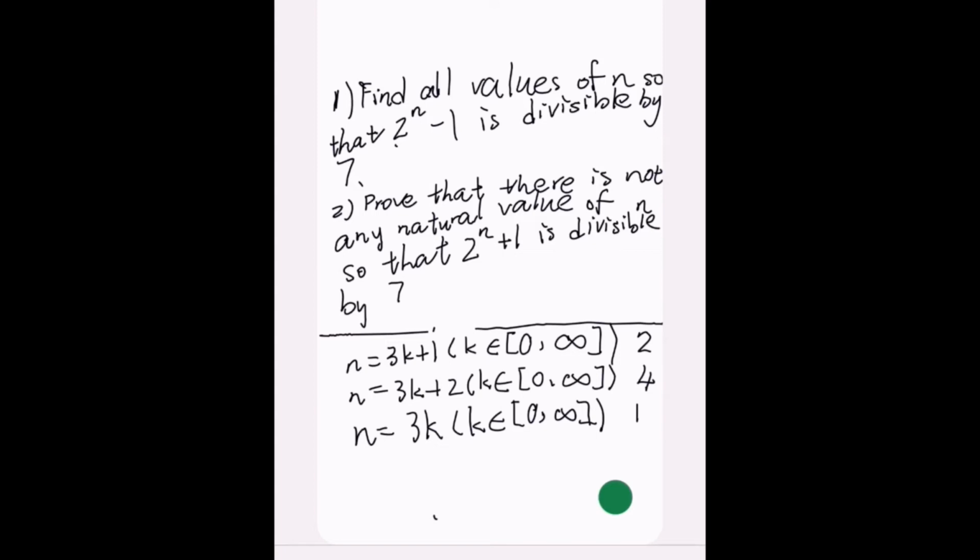Now let's put it back to 2 to the power of n minus 1. If 2 to the power of n has remainder 2, when we minus 1, it has the remainder of 1, and it is not divisible by 7.